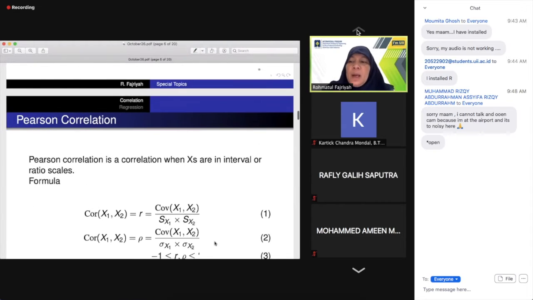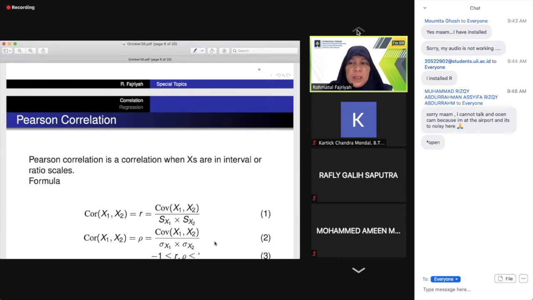Okay. The correlation can be parametric correlation or non-parametric correlation. I think actually you should already have learned about types of data in statistics, okay? Because if you didn't learn about types of data, it is maybe something new.